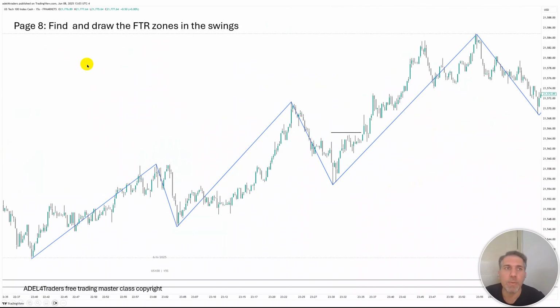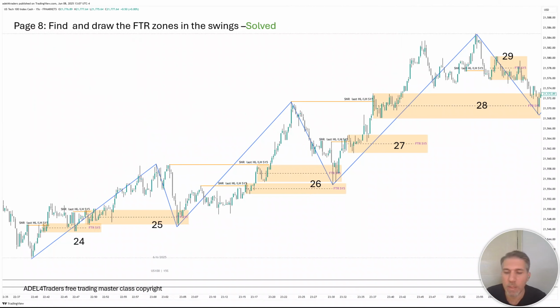Now, let's go to page 8. Here, I didn't draw valid pullback zones. Even without valid pullback zones, if you have practiced these things a lot, you will just get these reactions. You could see here. Now here we have a lower low through SNR.